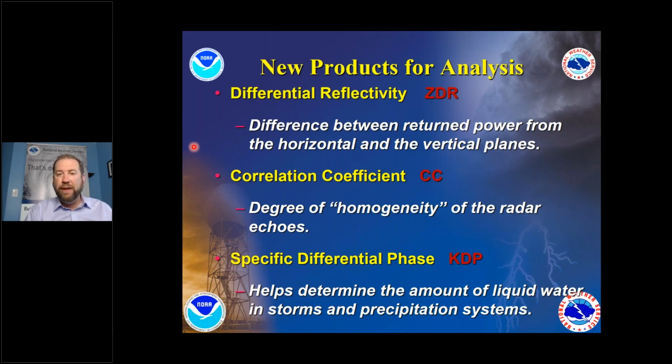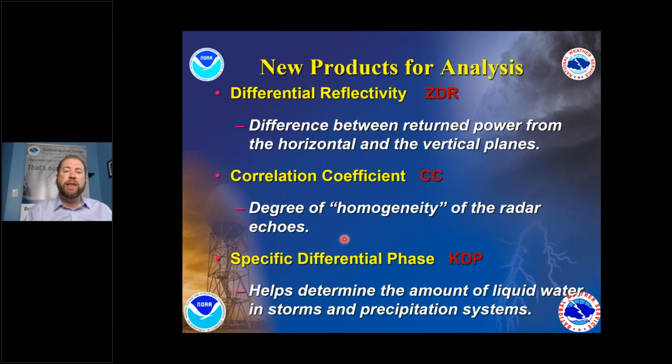phase, a lot of fancy names, and you can read what they all mean, and you have your PDF to really look into it. I'm going to focus on the one I'm most comfortable with because it's the one I use the most, and it's easiest for me to understand in a warning operation sense real quickly. That's called the correlation coefficient.